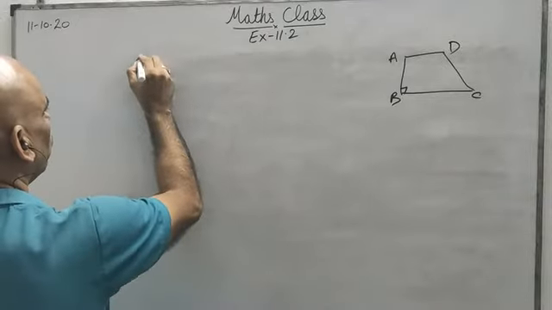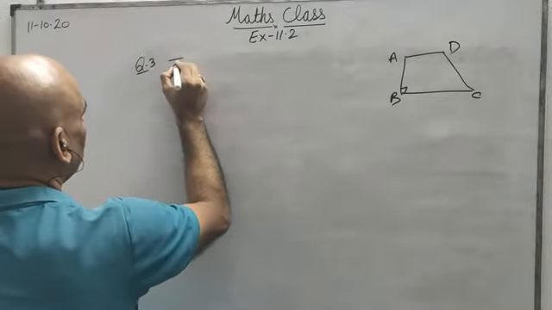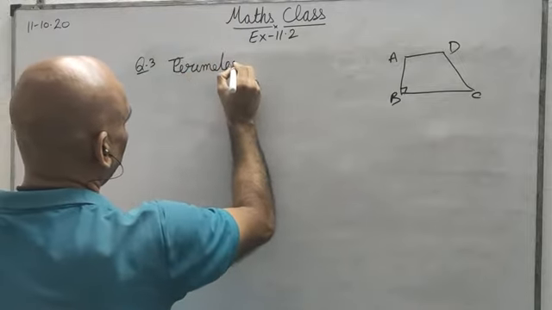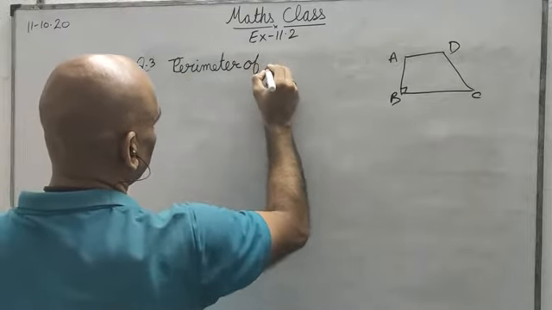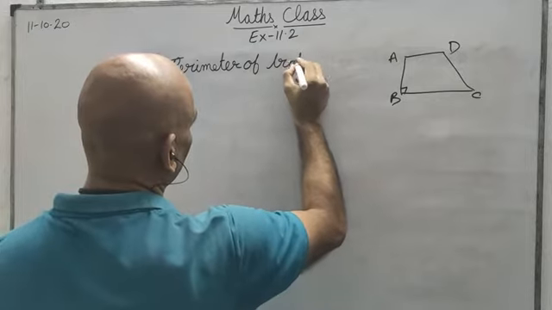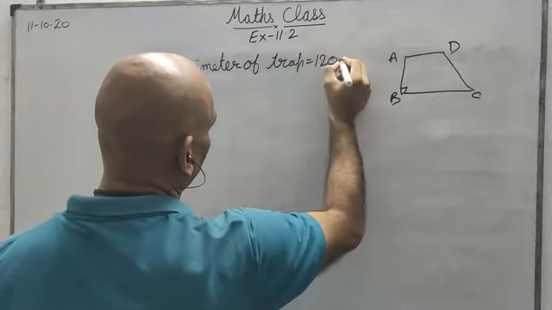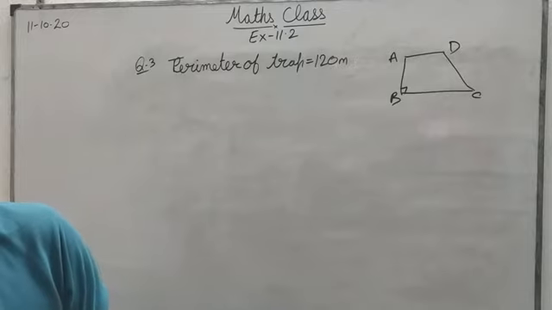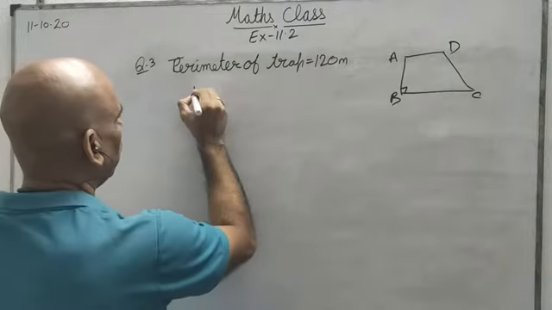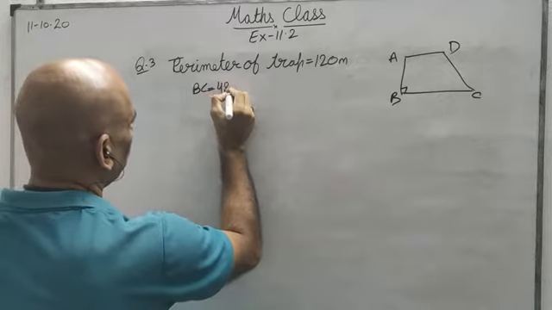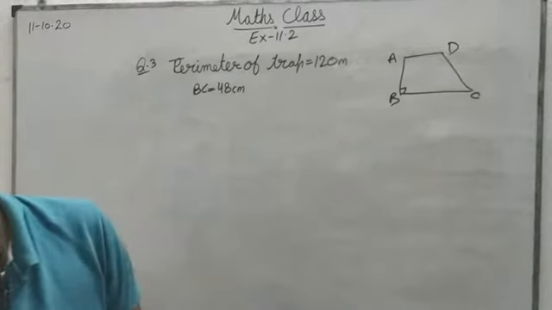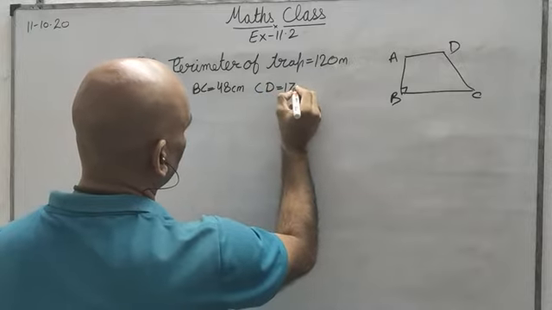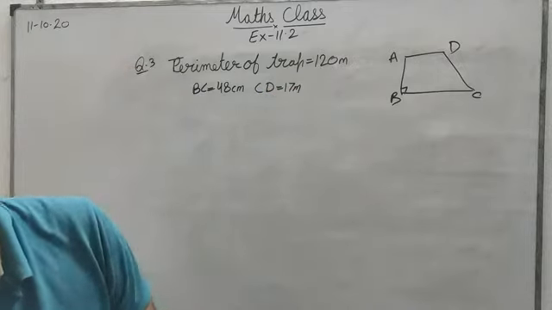So, what is given? Perimeter of trapezium 120 meters. What else is given? BC is equal to 48. CD 17. What else? AD 40.